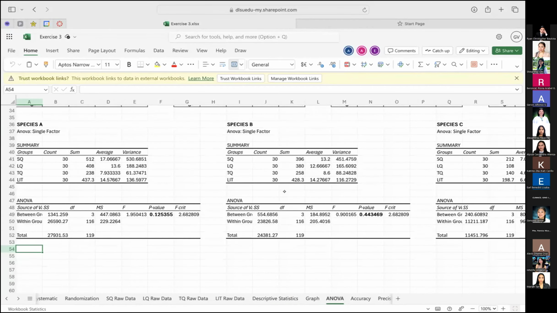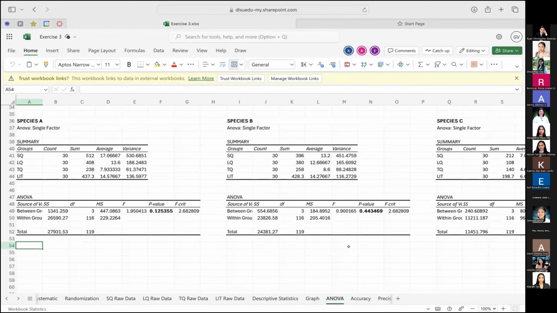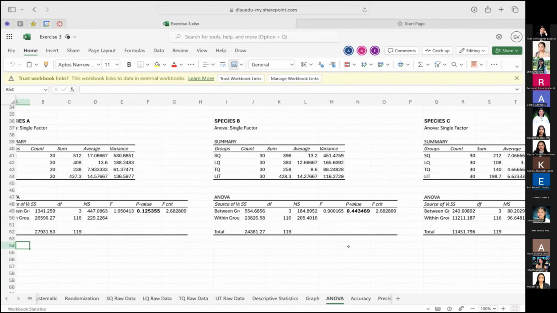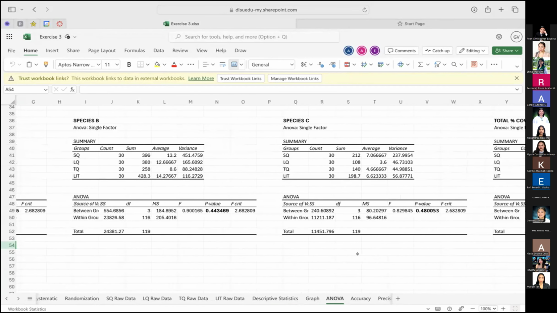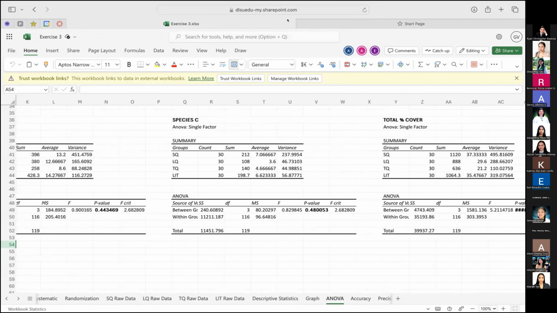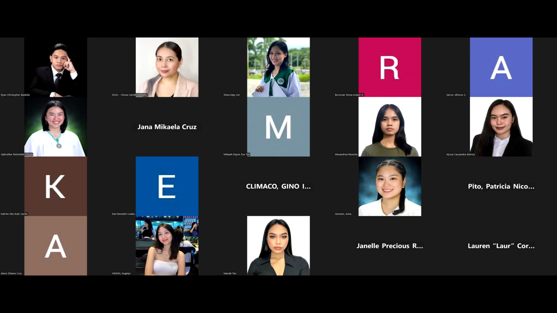Okay, did you use ANOVA single factor also? Yes po, with the replication. Okay, very good. Thank you for that. Group 2, you can now stop sharing, assuming you did the same thing naman across the board. Group 3, can I see your statistics, please?